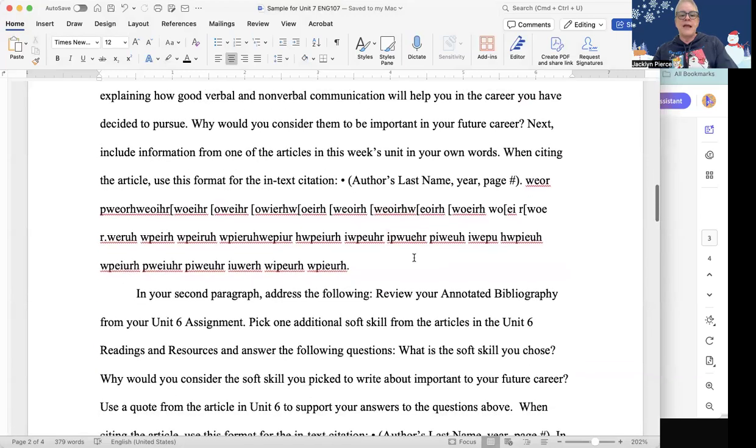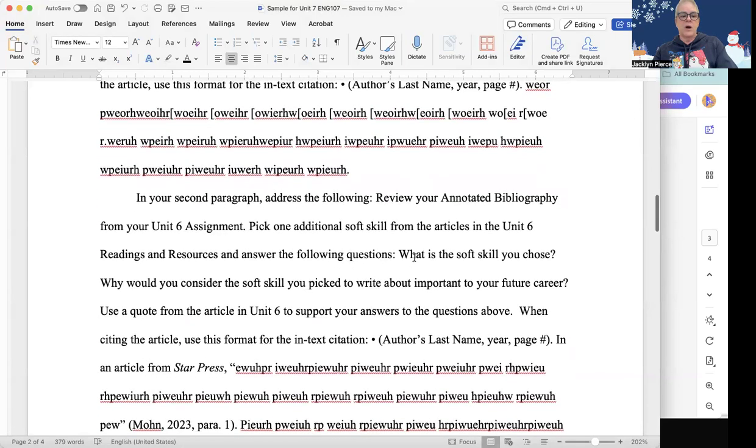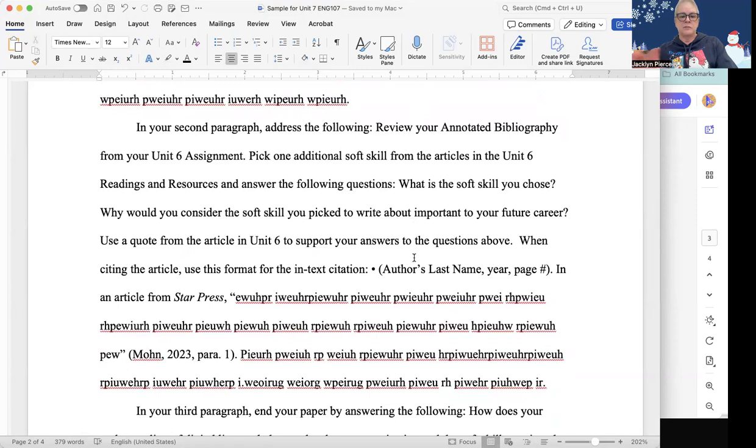So the second one is where you have a direct quote, and I do have that lined out like it would look. One of the things I want to point out in paragraph 2 is that it is really important when you include a direct quotation to attach it to something of your own. So we tend to use signal phrases like in an article from Star Press or on such and such website.